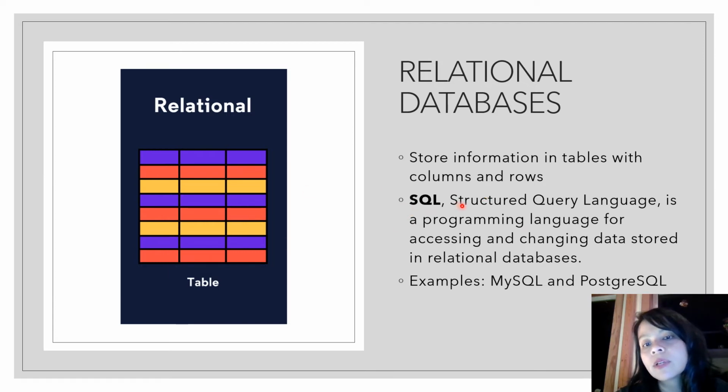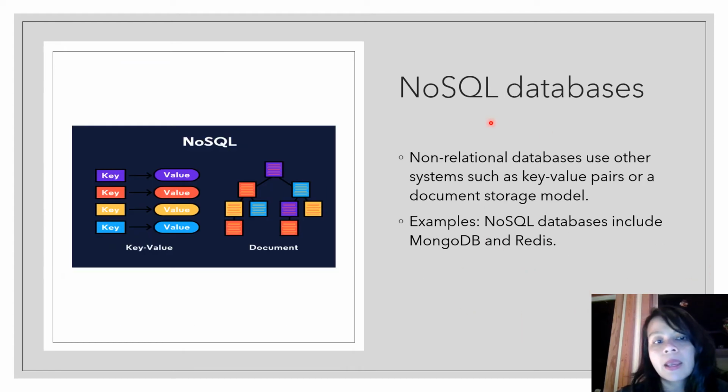SQL, or Structured Query Language, is a programming language for accessing and changing the data stored in these relational databases. Examples are MySQL and PostgreSQL. The second type I mentioned is the NoSQL databases. These are non-relational databases that use other systems such as key value pairs or a document storage model. Examples of NoSQL databases include MongoDB and Redis.